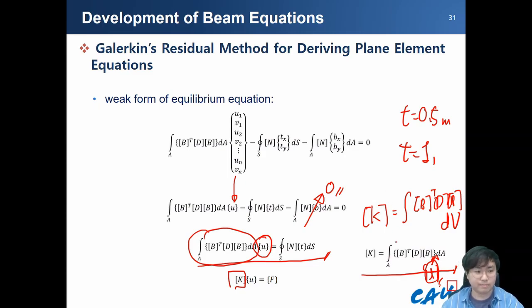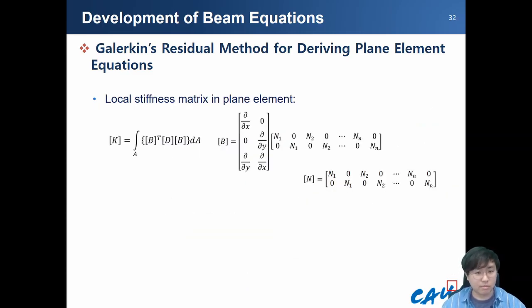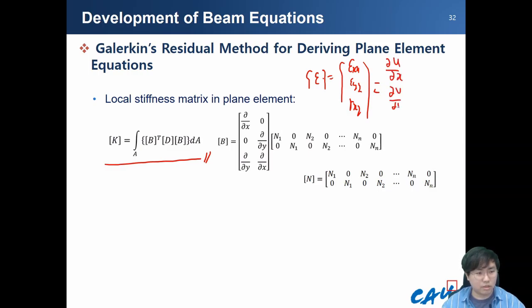So anyway, here is the local stiffness matrix, and it looks like this, and the B matrix can be written here. It is because of strain. How can we define strain? We define strain like this, and the representation looks like this, plus dv/dx.